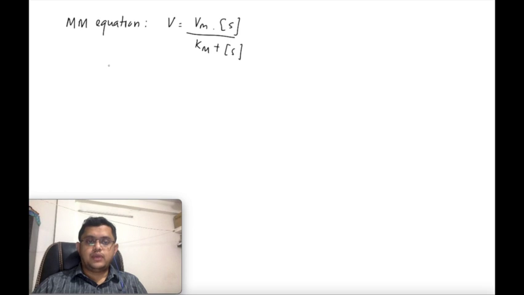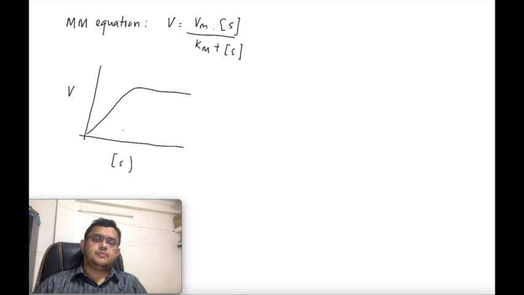The first way to calculate Vm and Km is with the help of the graph. V versus S, so we know that you will get a graph like this. How to calculate Vm? Vm is calculated based on the saturation point. So this is Vm. How to calculate Km?